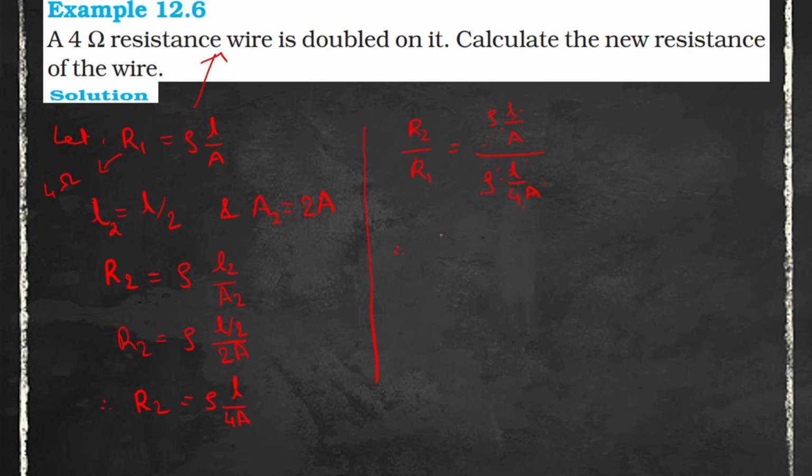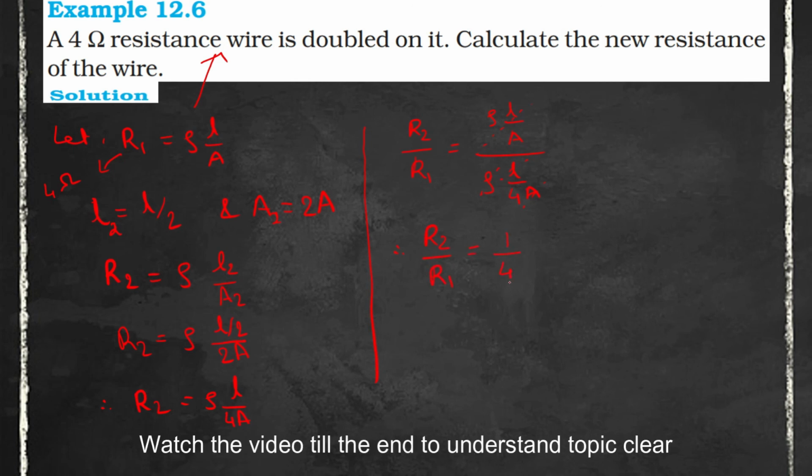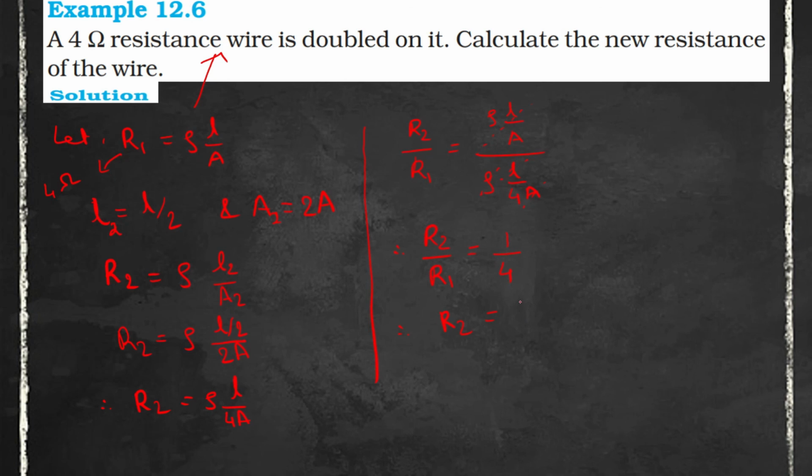So R2 by R1 is equal to 1 by 4, and if we take R1 to the right side, it will be R1 by 4, and we have the value of R1 that is 4. So 4 by 4, so R2 will be 1 ohm. If length is halved and cross section area of material is doubled, then the resistance will be 1 ohm. Hope it is clear to everyone, and if not, then comment me in the comment box.